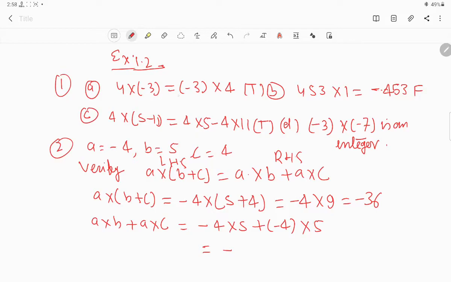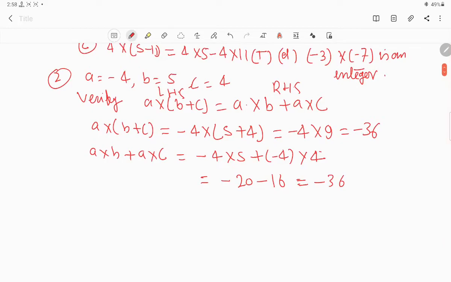That is minus 20, and minus 4 into 4 is minus 16. Minus 20 plus minus 16 is also minus 36. So it is verified that A into (B plus C) is equal to A into B plus A into C.